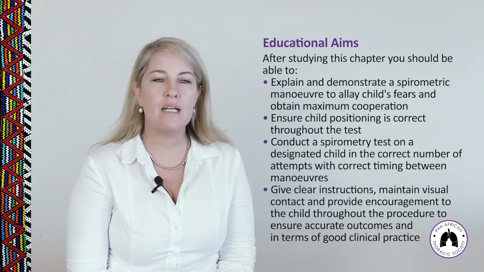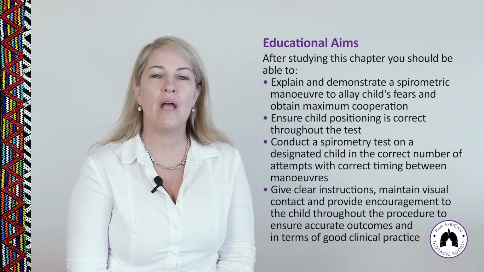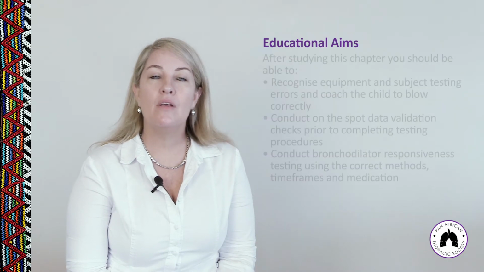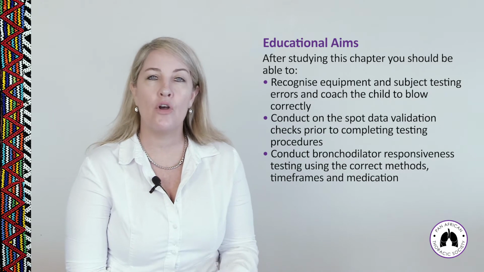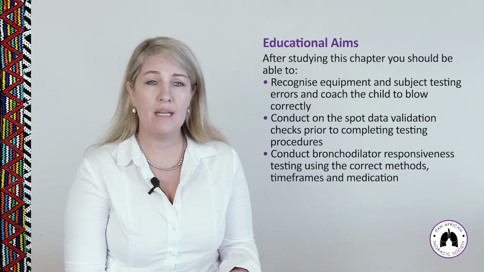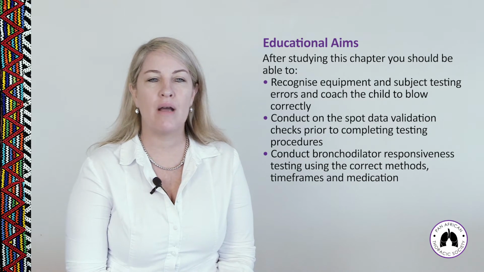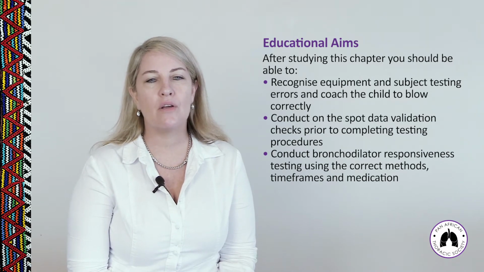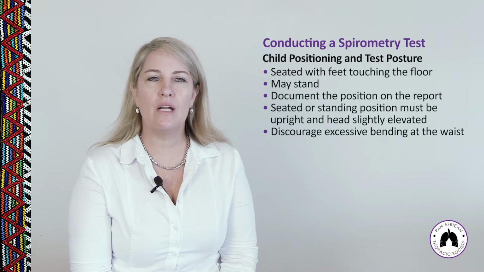Maintain visual contact and provide encouragement to the child throughout the procedure to ensure accurate outcomes and in terms of good clinical practice. You're going to be able to recognize equipment and subject testing errors and coach the child to blow correctly. Conduct on-the-spot data validation checks prior to completing test procedures and conduct bronchodilator responsiveness testing using the correct methods, timeframes, and medication. So let's look at how to conduct the test.